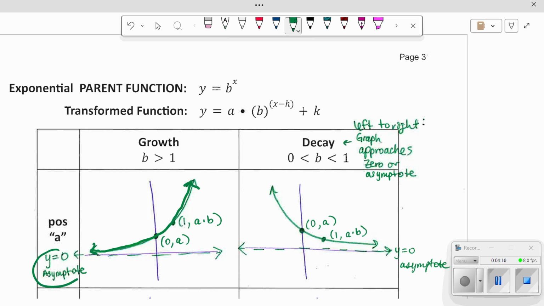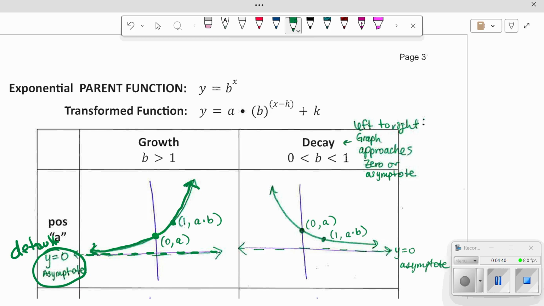Your default asymptote happens at y equals 0. Remember, that is the dotted line that you never cross. A is your y-intercept, like I said for the previous page. And then if you don't have any shifts, you'll have 1, ab.